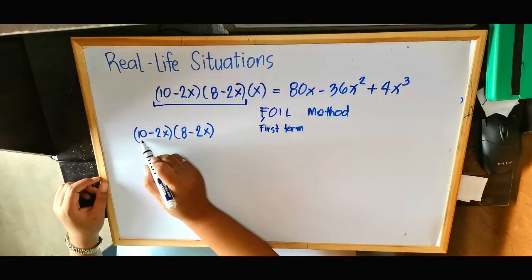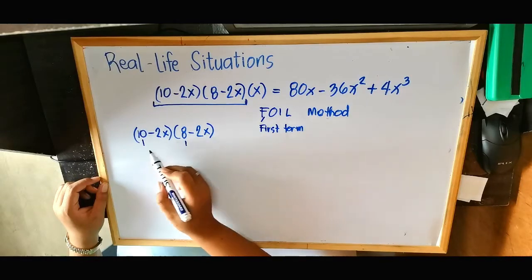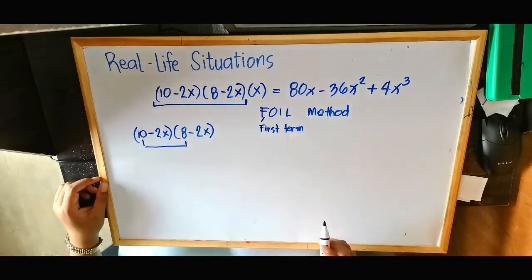That is 10 and 8. So, they are what we multiply first.